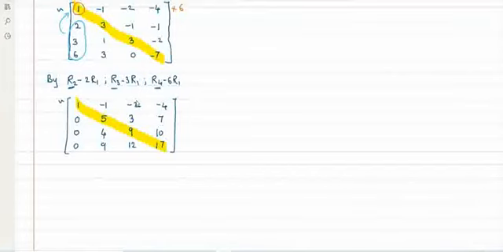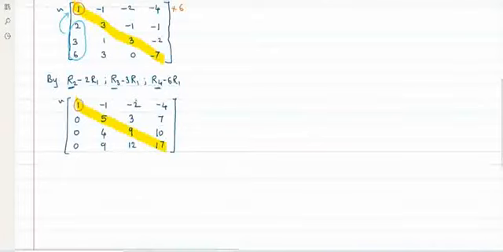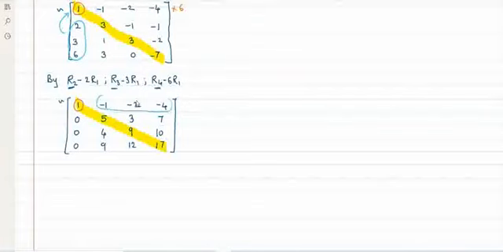After getting the elements below A11 as 0, your pivot element is this one. Now you have to reduce the elements to the right side of A11 to 0 by using column transformation. While using column transformation, you use the first column C1 as the pivot or key column.